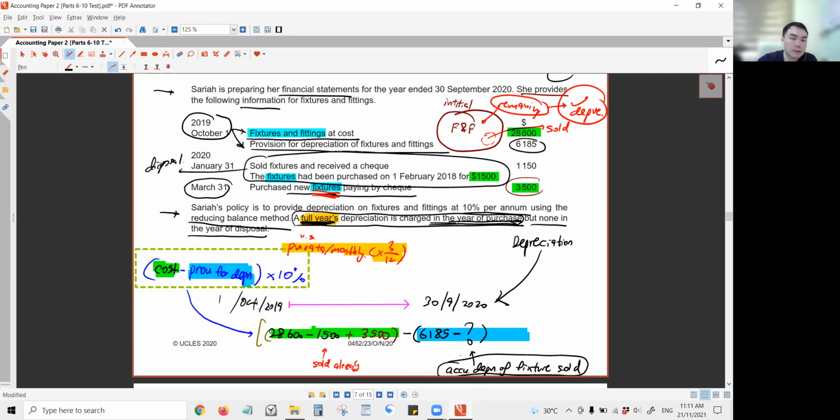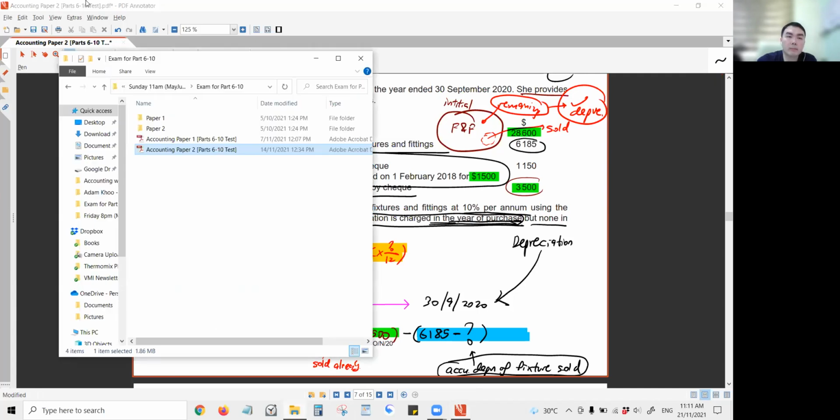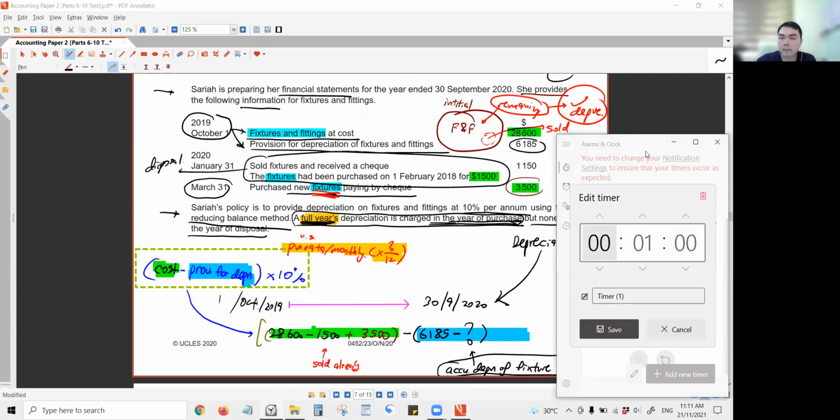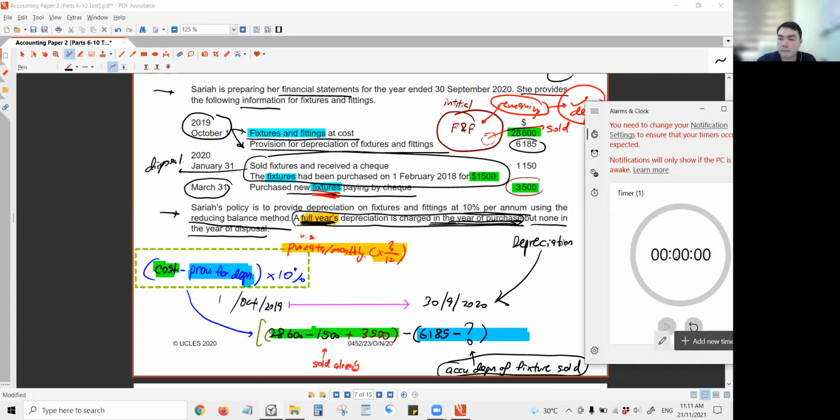It's from the answer. We use that amount in the disposal process. 1 minute. Okay, accumulated depreciation of the fixtures that you sold off. You observe the answers on the next page. You have that figure. It is the amount that I use in step 2.